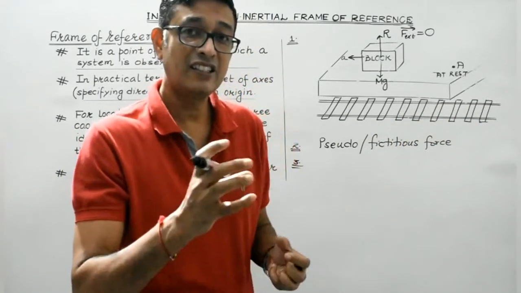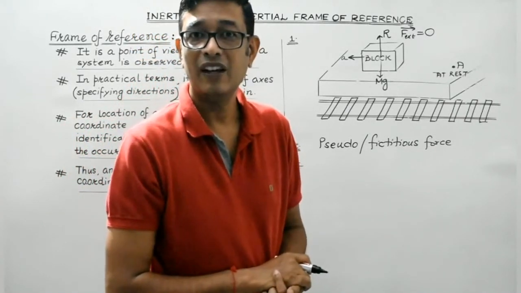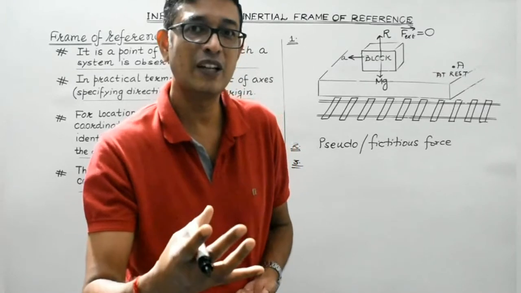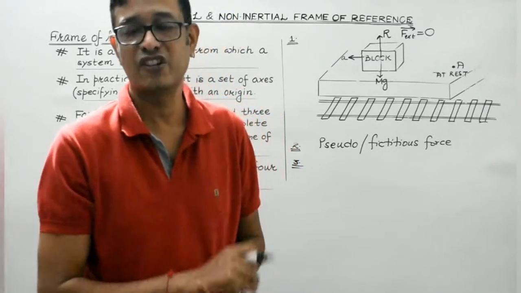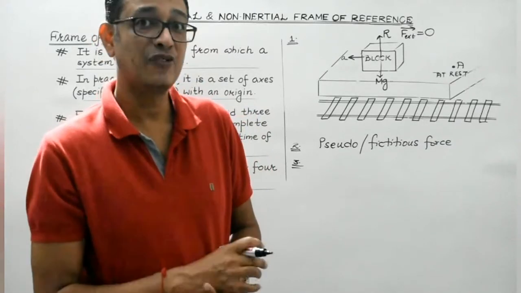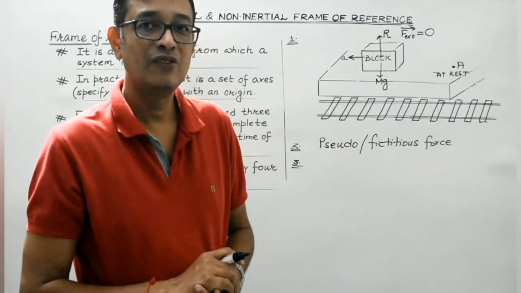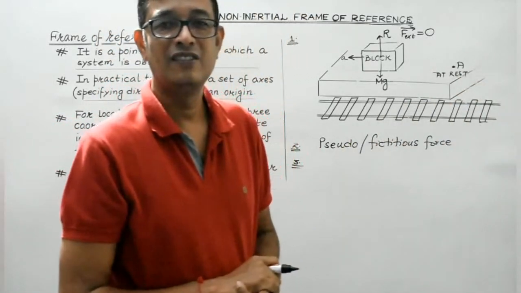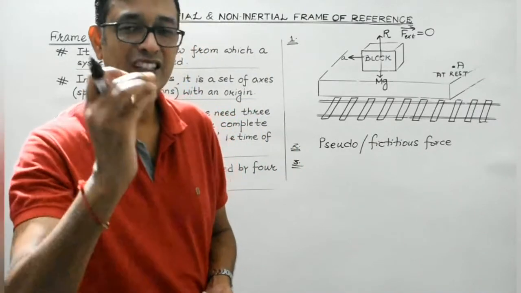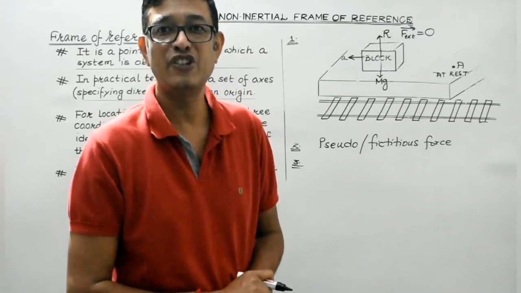So, as the driver applies brake, the bus will behave as a non-inertial frame of reference because it is retarding, it is having negative acceleration. So as a result, a fictitious force acts on the person sitting in the bus, which will make the person move forward. Isn't it? So that's the proof of the existence of pseudo force or a fictitious force.